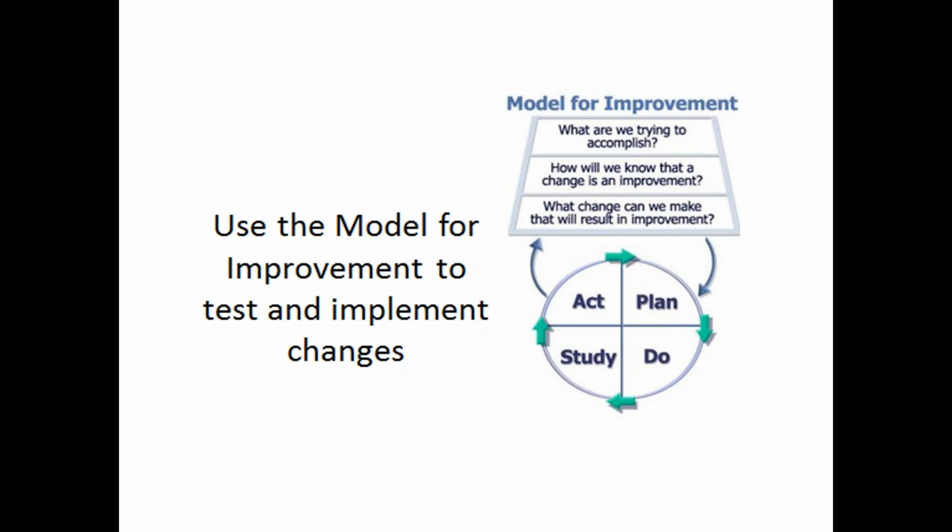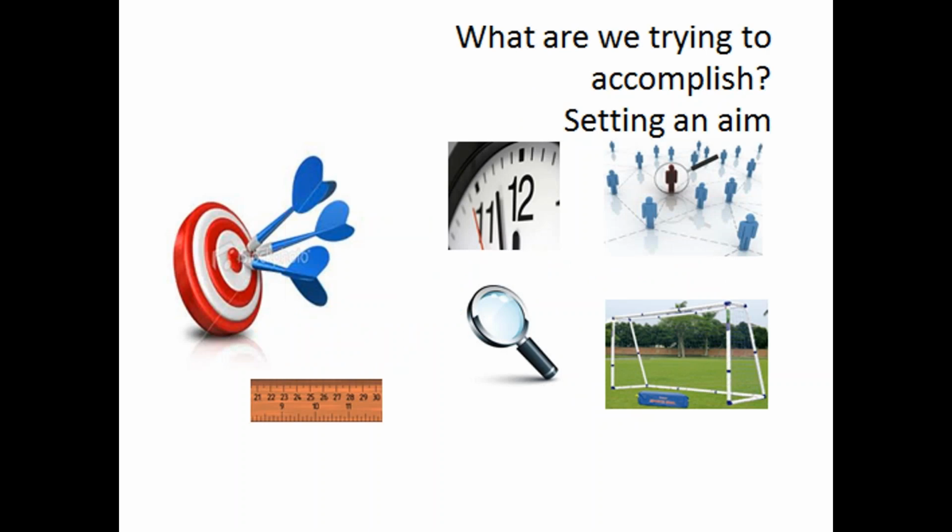So question 1 in the model for improvement is, what are we trying to accomplish? If we're trying to make any improvement in anything that we're doing, regardless of your setting or the area that you work in, it's very important to establish your aim. Often we have found that when we are talking to people who want to improve and we say, well, what are you trying to improve?